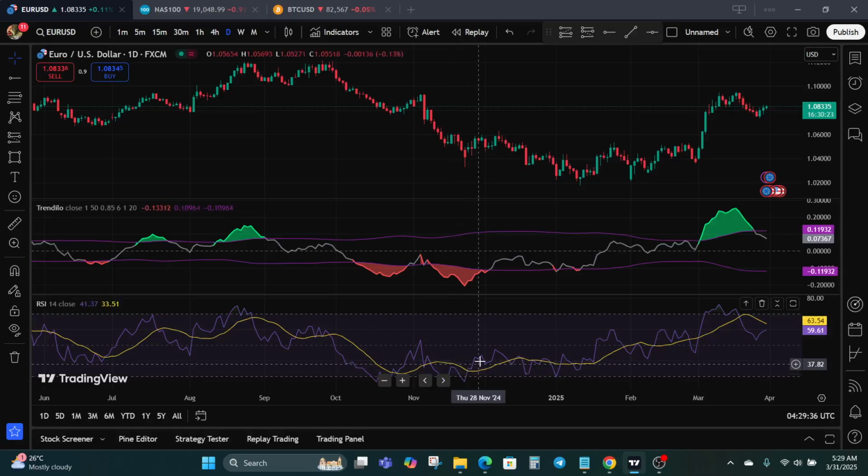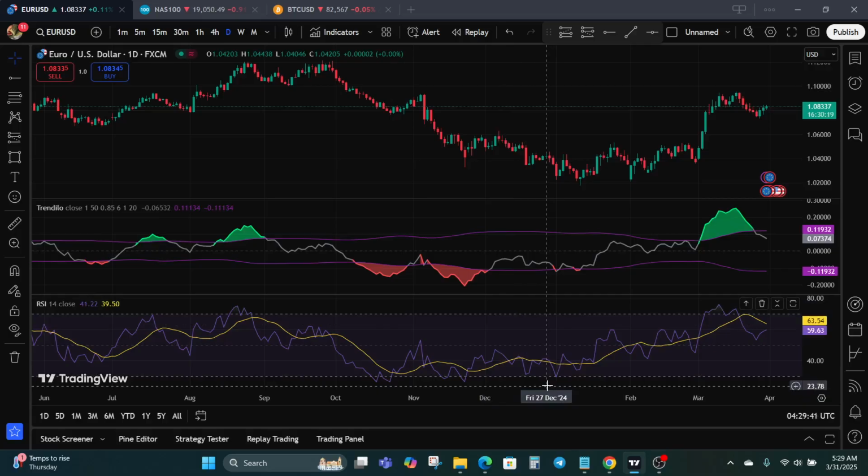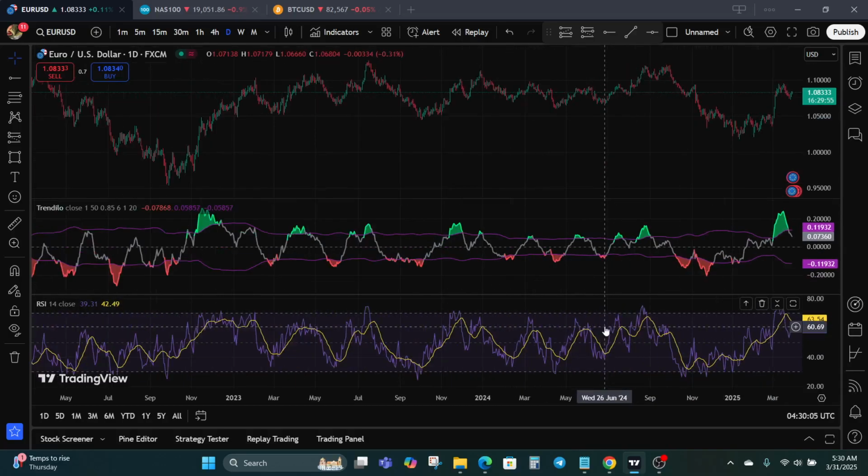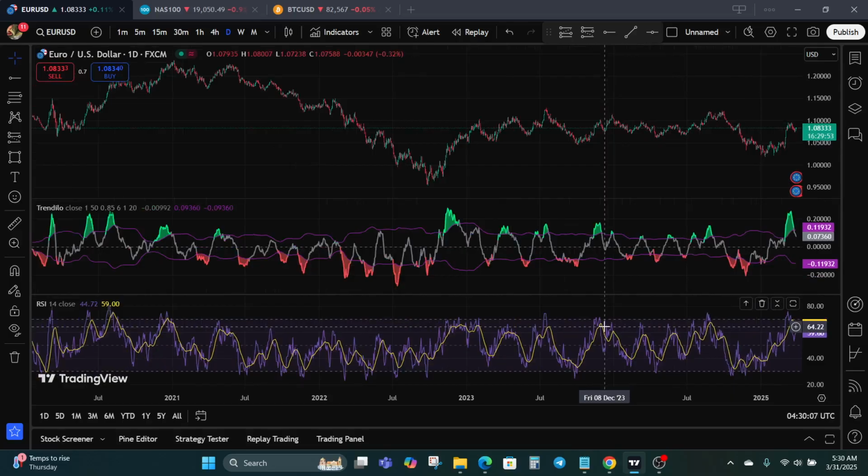Many traders rely on RSI to spot overbought and oversold conditions, but often these signals are misleading. Now, just because the RSI hits an extreme level does not mean that the market will reverse. The market can stay overbought or oversold for a long time, leading to false trade signals, right?